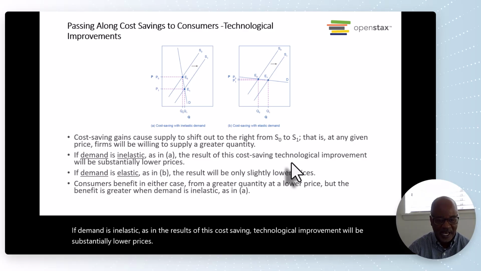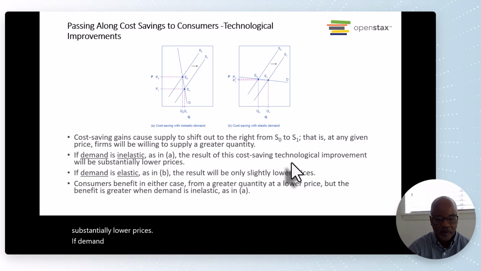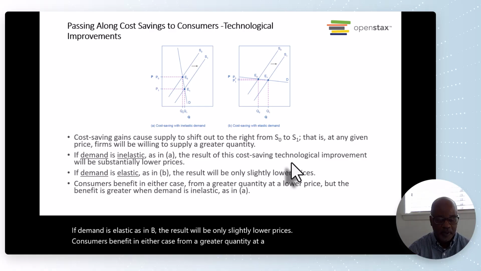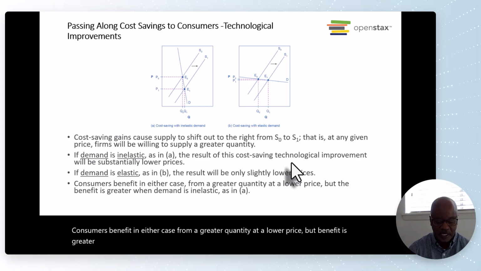If demand is elastic, as in B, the result will be only slightly lower prices. Consumers benefit in either case from a greater quantity at a lower price, but the benefit is greater when demand is inelastic, as in A.